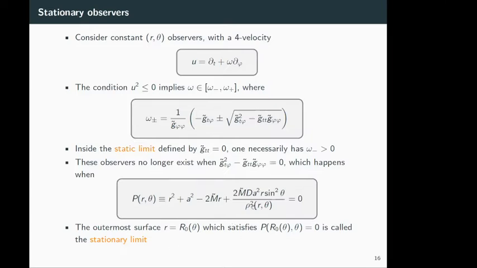So if you just kill this term when d is 0, you just end up solving the horizon equation for Kerr. So this is what I described earlier. For Kerr, you have the ergosphere, and then when stationary observers no longer exist, you actually end up on the event horizon.